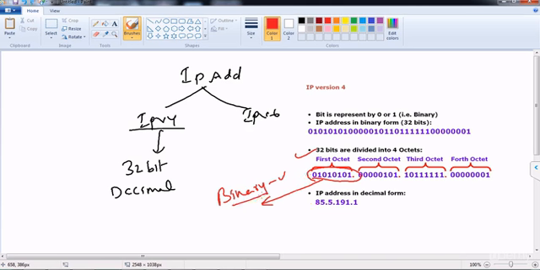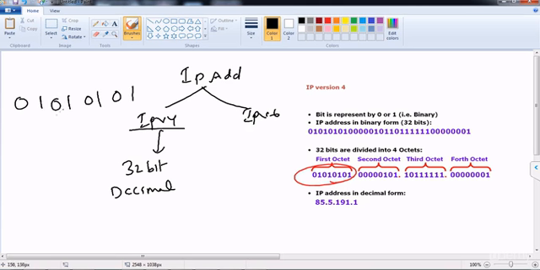Let me take an example of how to convert binary to decimal. I'll give you some idea. The number here is 01010101. We take the 2 power values: 2 power 0, 2 power 1, 2 power 2, 2 power 3, 2 power 4, 5, 6 and 7.